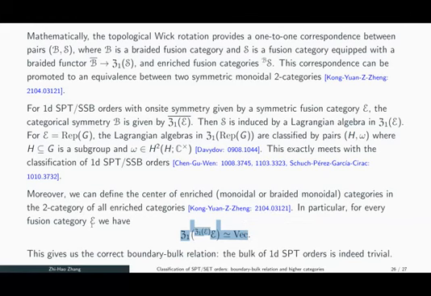So for E equal to Vec_G^omega, it is also true. Then such an enriched category will describe an anomaly-free 1D system with some fusion category symmetry. Yes. Okay, I see. All right. Thank you.